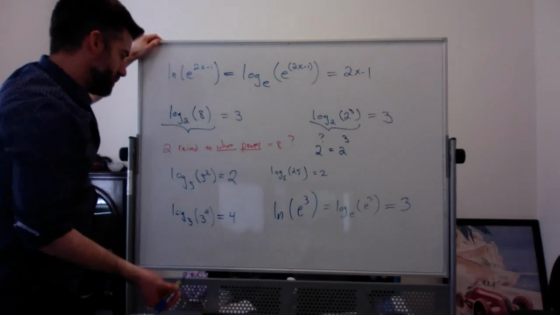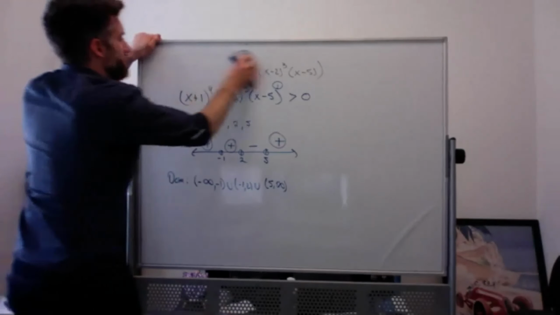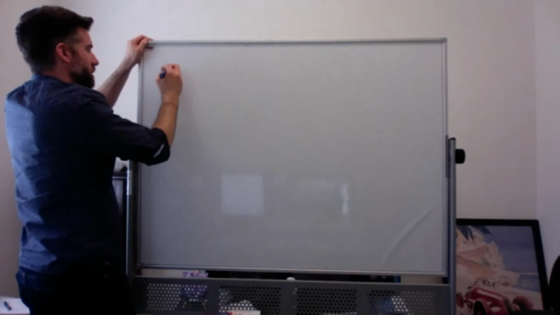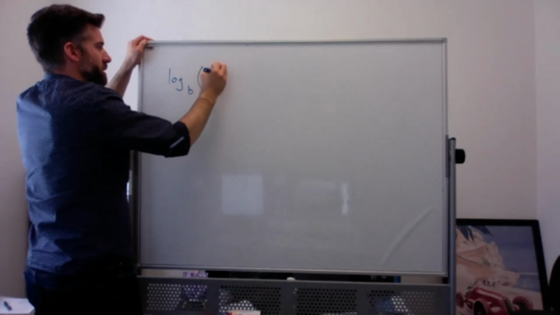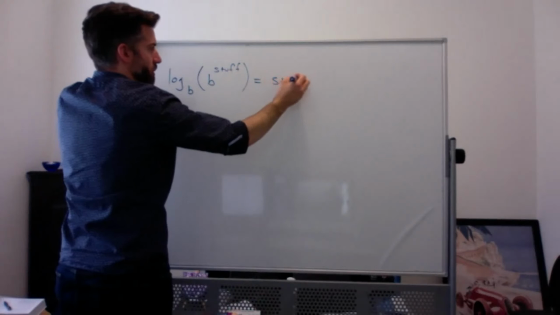Now, that's always true. What we're saying more generally here is that log base b of b to some power is always just going to equal that power.